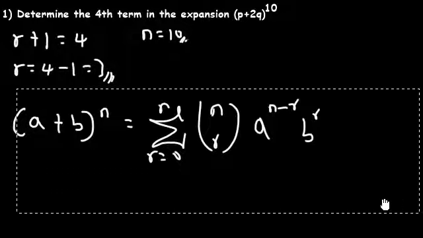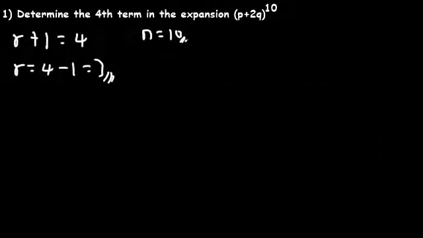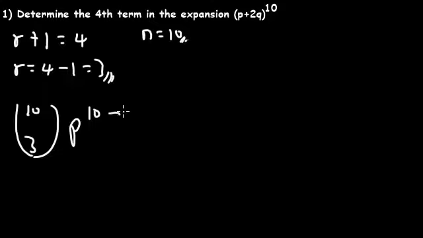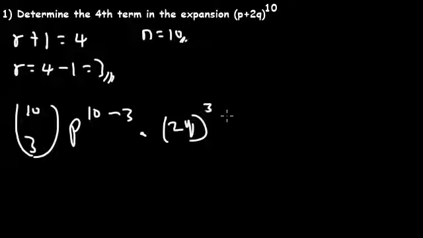So therefore, the fourth term in this case would be equal to n combination r, which is 10 combination 3, r is 3, multiplied by the first term, which is p, so we have p to the power of 10 minus 3, that's n minus r, and then multiplied by the last term, which is 2q, to the power of r, where r is equal to 3.